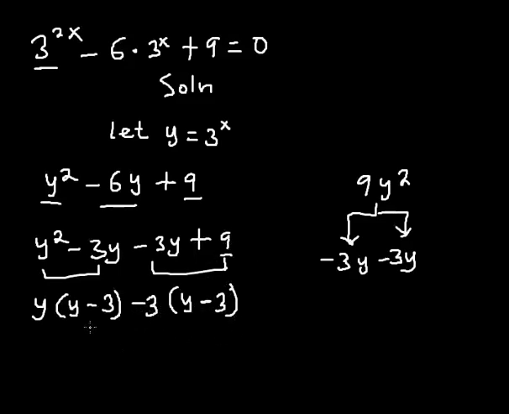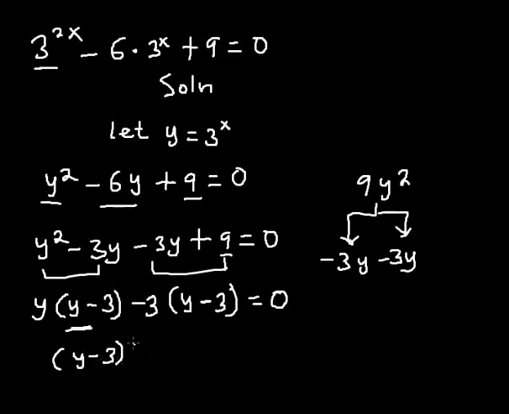And another thing too is this: once you've gotten your first bracket, the second bracket must always be equal to your first bracket. So don't forget, all is equal to 0. So now let's factorize. Y minus 3 inside the bracket is common, so I want to factorize that out. So I have y minus 3.